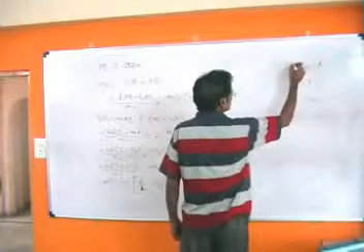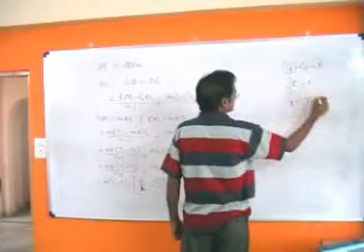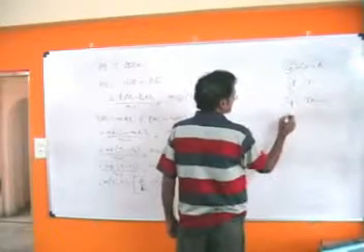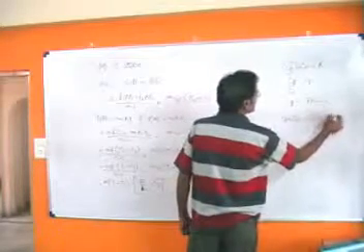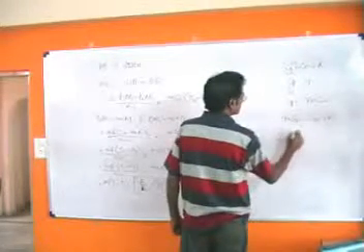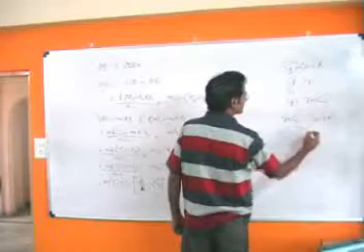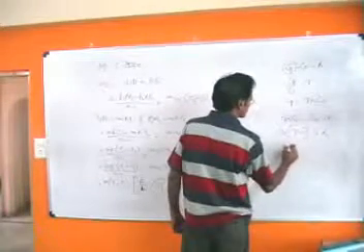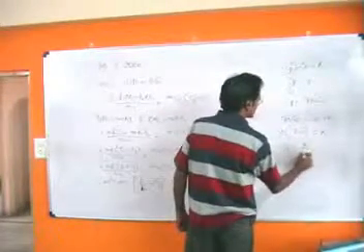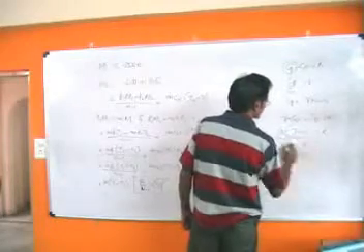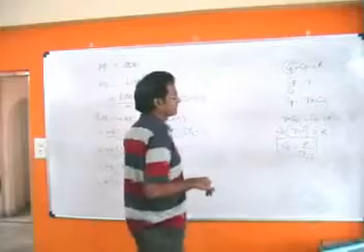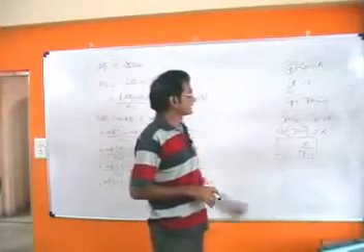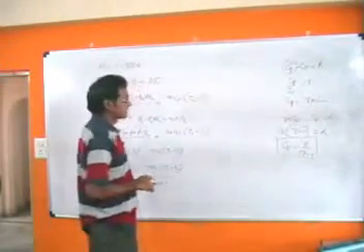We replace this Cp with gamma into Cv minus Cv equals R. If we take Cv common, we get (gamma minus 1) equals R. Therefore Cv equals R by (gamma minus 1). If you know this formula, you can directly substitute it. Otherwise you derive it to get Cv equal to R by (gamma minus 1).